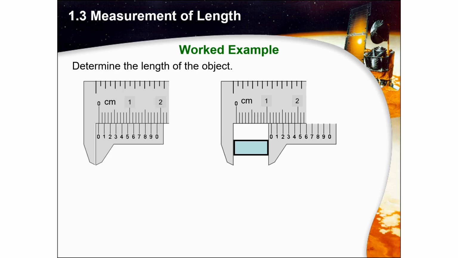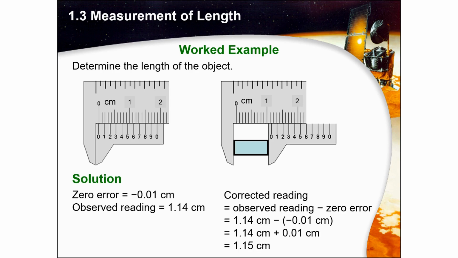So we have 1.14. That is the reading of the vernier calipers, 1.14. And then we see that we have the negative zero error of minus 0.01. So how do we calculate? We correct the reading: observed reading minus zero error, 1.14 minus (minus 0.01) centimeter, so 1.14 plus 0.01. We have 1.15 centimeter.